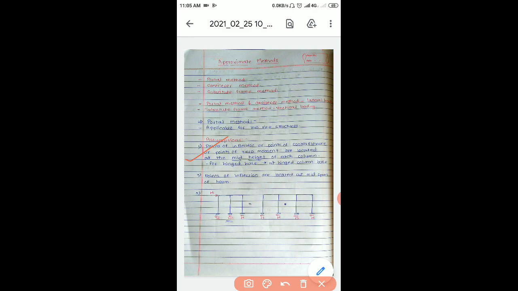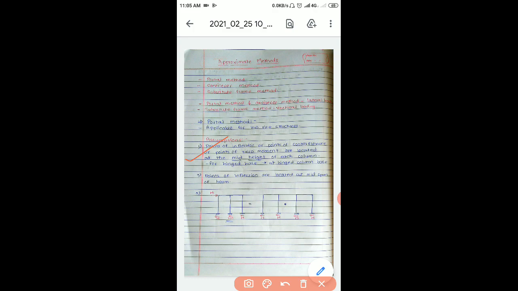By using these assumptions, whatever theory we study will be easy and take less time, and it will simplify our analysis and our work.